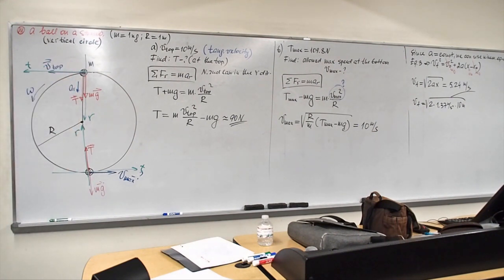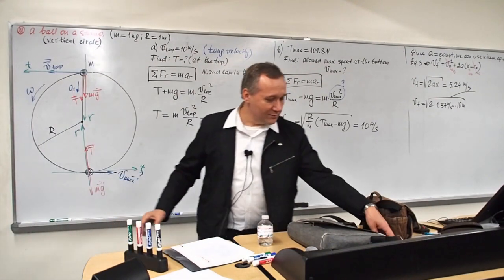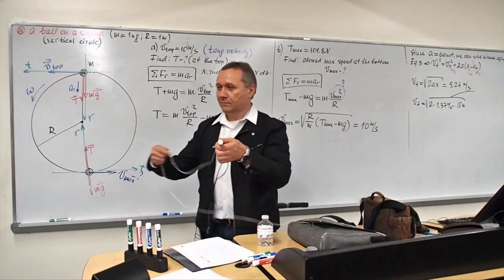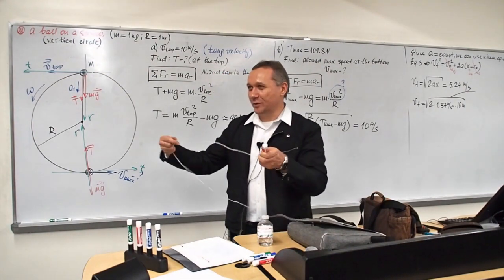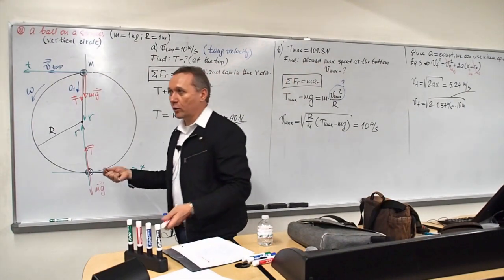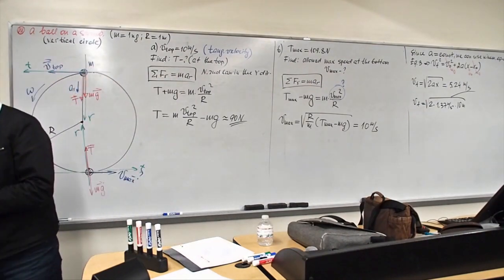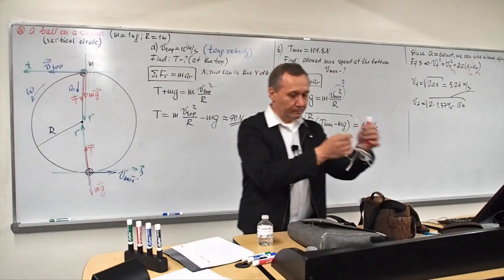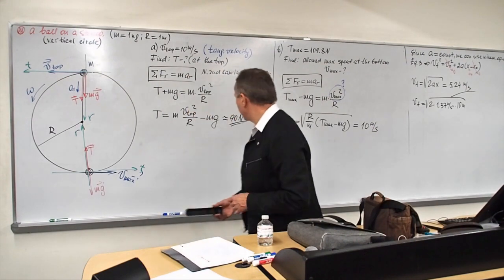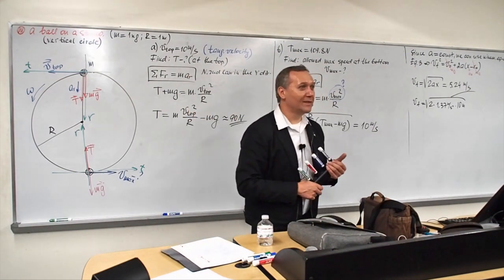All the time tension is a pulling force. It's not pushing. You cannot push the object with a chord, because you can pull it. So it's acting on the object, along the chord, away from the object. Okay? Anything else?